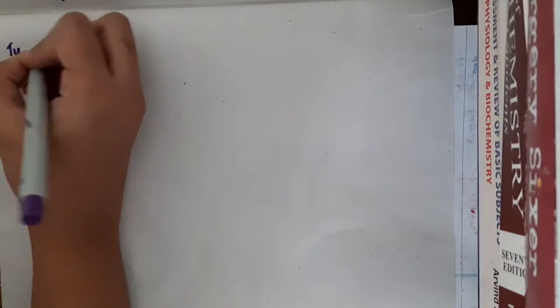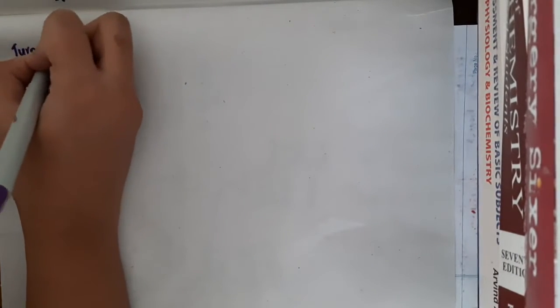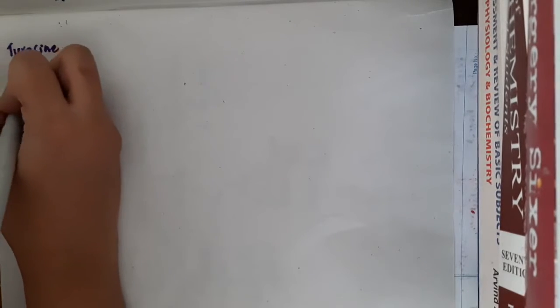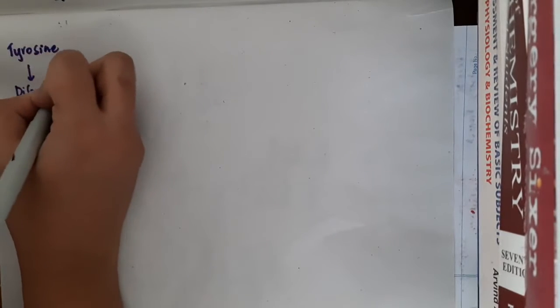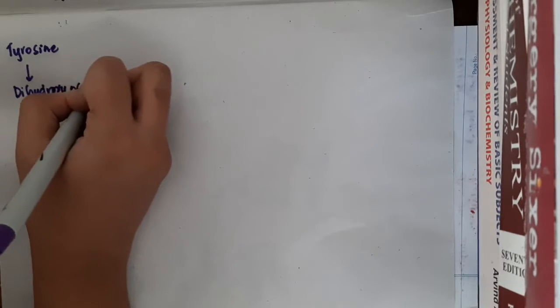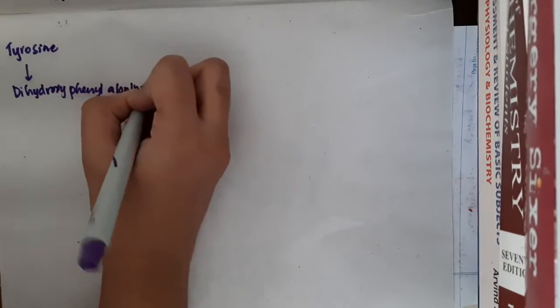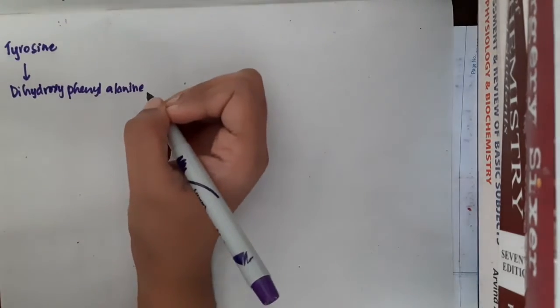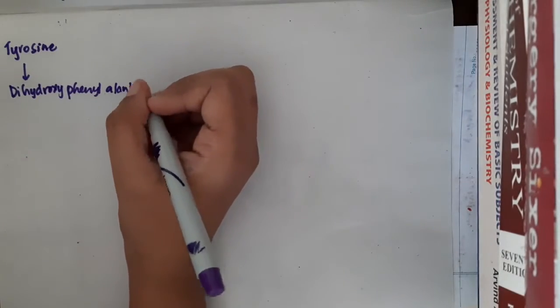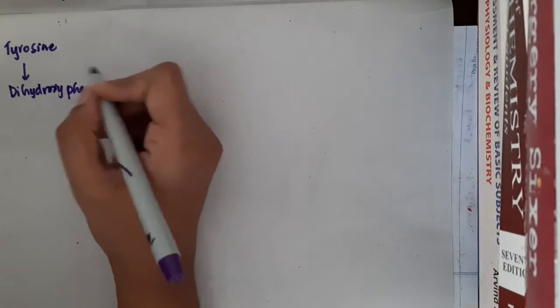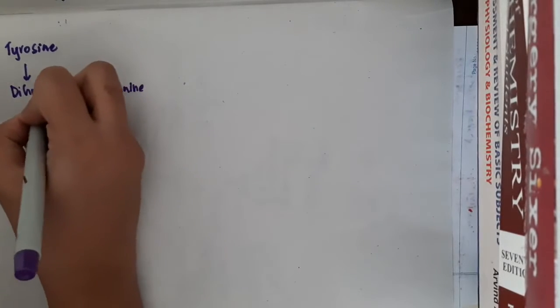See, the amino acid tyrosine gets converted to dihydroxyphenylalanine in the presence of the enzyme tyrosine hydroxylase. Tyrosine hydroxylase converts tyrosine to dihydroxyphenylalanine.